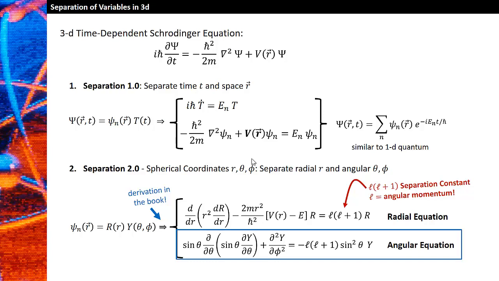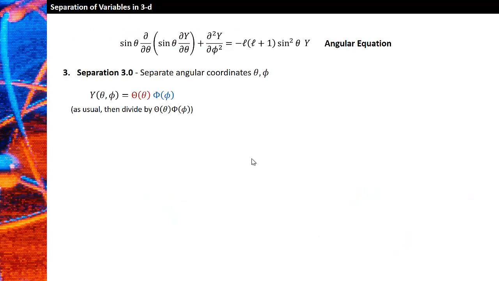So let's dig into this a little bit more. Our angular equation depends on both theta and phi. And so we're going to do yet one more separation of variables, where we separate our angular coordinates into a product of a function that depends on theta and a function that depends on phi. And we're going to insert that into our expression for Y everywhere we see Y in the angular equation.